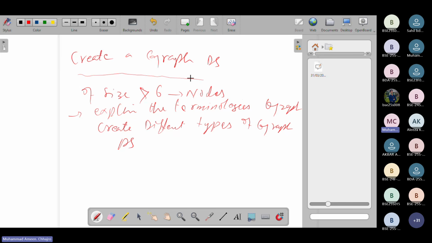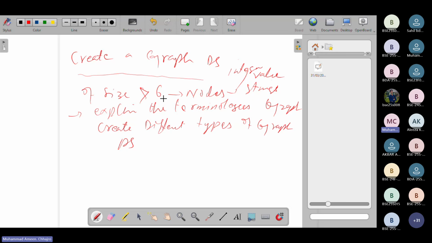Graph data structure बनाएं of size greater than 6, meaning that the number of nodes, the vertices, 6 से ज़्यादा होनी चाहिए, and that should be string values, right? Strings value होनी चाहिए, meaning that A, B, C, D, whatsoever the data should be in the node or the vertex. That can be an integer, but you can design for both, for a string or integer, right? So आप या तो integer रखें node में या जो है वो strings रखें.